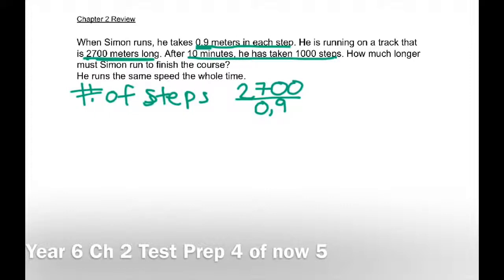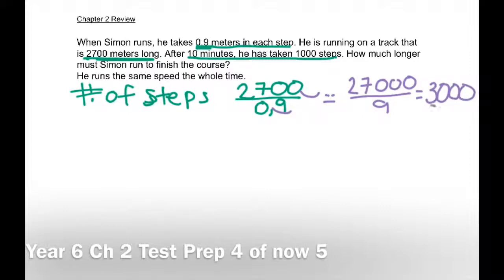This is the dividing skill that we had in the last video, so we don't want the decimal, so we move it over twice. So we would really do 27,000 divided by 9. 9 can go into 27 3 times, so that means that he would have to take 3,000 steps.